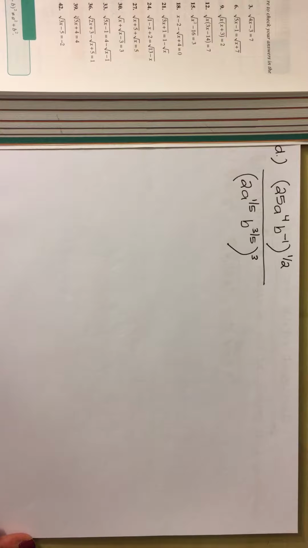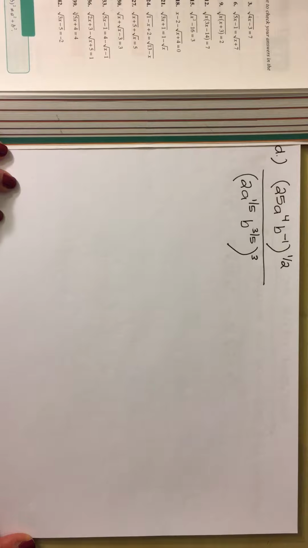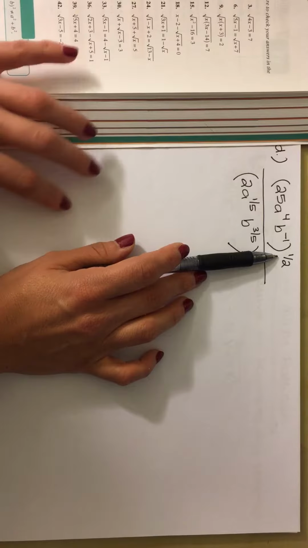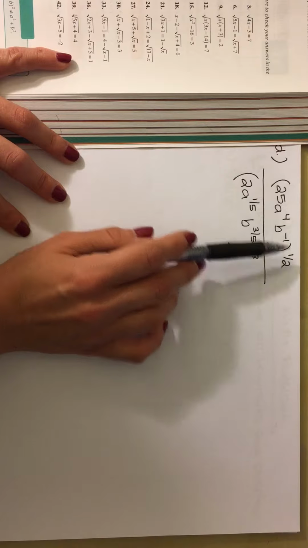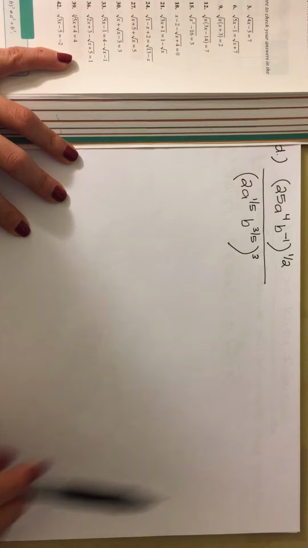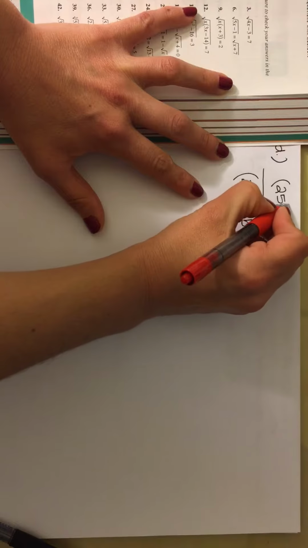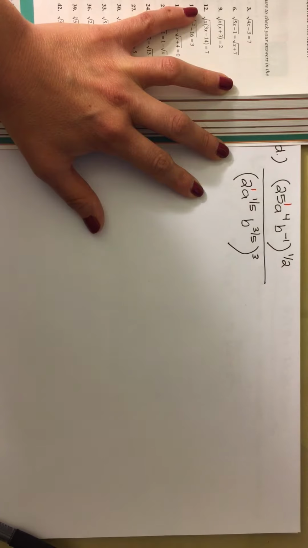For this last example, we have to remember the exponent rules that we learned in section 6.1. Those exponent rules should be memorized because you need them for your test. So the first thing we want to do is use the power rule, where we take 1/2 and we multiply with all the exponents on the inside of the parentheses. Please notice that 25 has an exponent of 1, and so does 2.